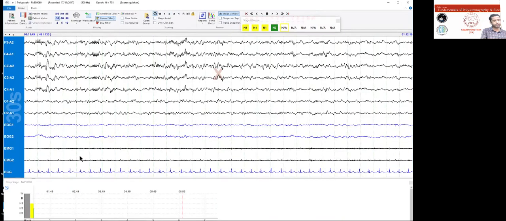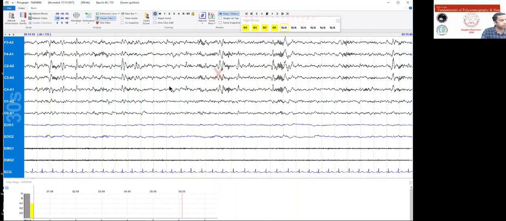Is a spindle present in the second half or the first half of epoch 45, the previous epoch? Just one minute. Yes, you can see a spindle here, this one. This part has a little spindle, and in the second part, this is a spindle.